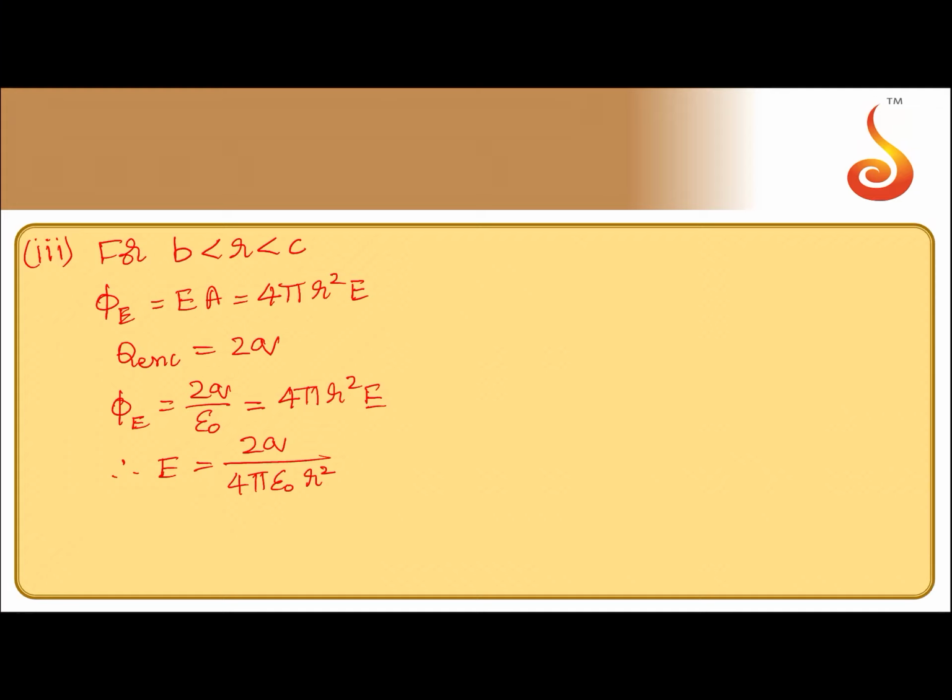Now since the enclosed charge is positive, the electric field is radially outward. So this is case 3.